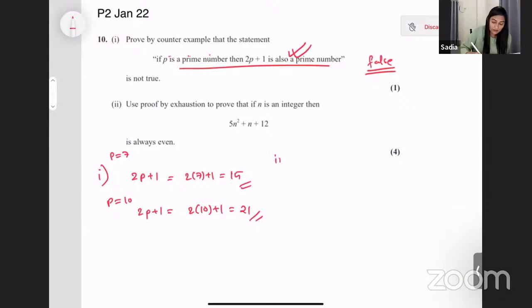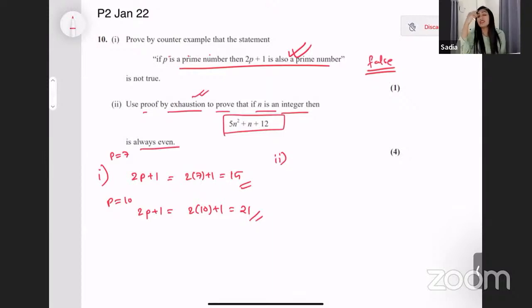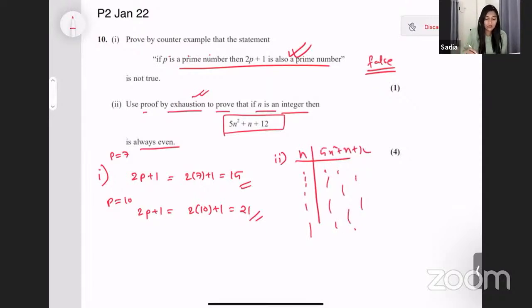Next, use proof by exhaustion to prove that if n is an integer, in that case, n squared plus n plus 12 is always even. So for the exhaustion method, you need to prove almost each and every single case. If they actually gave you a specific range of values for n, then it's logical.